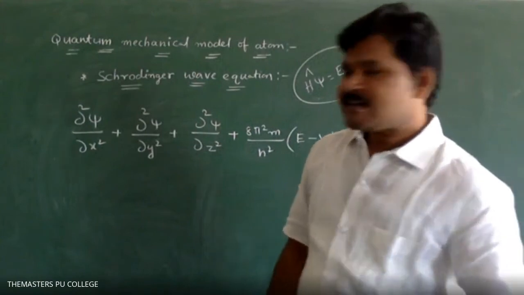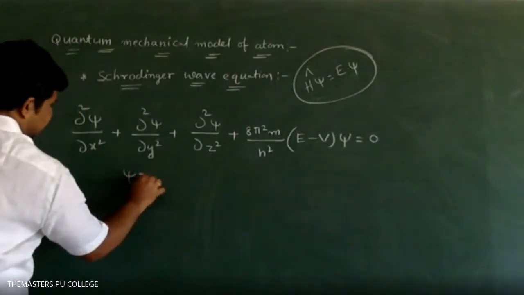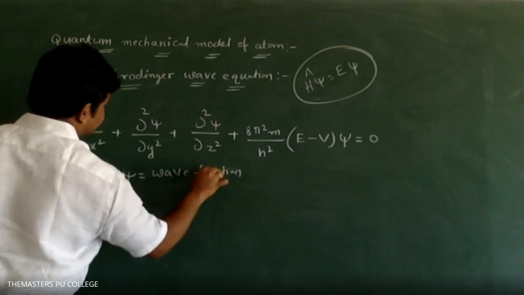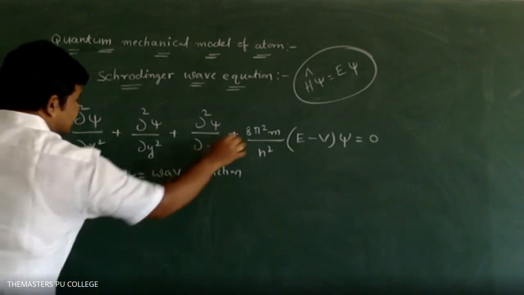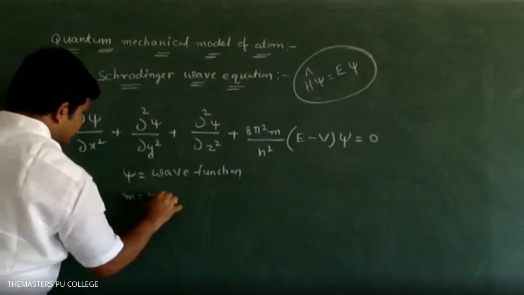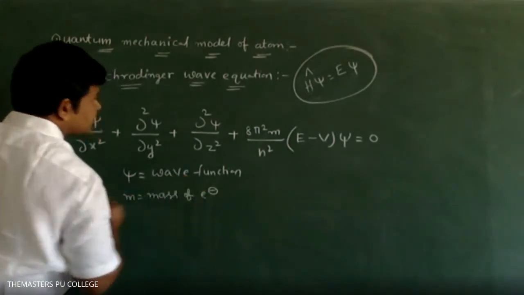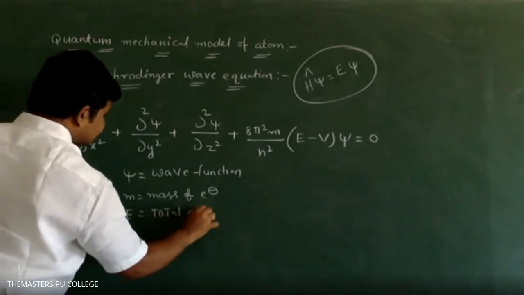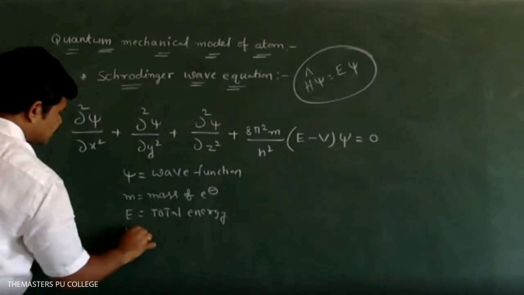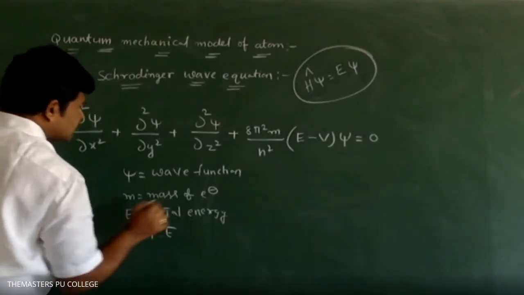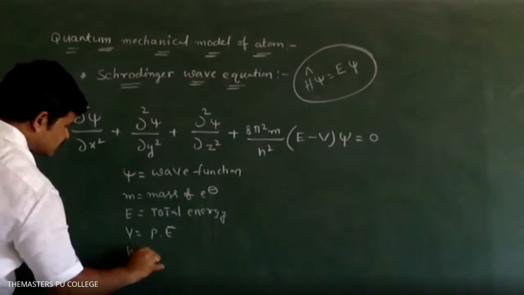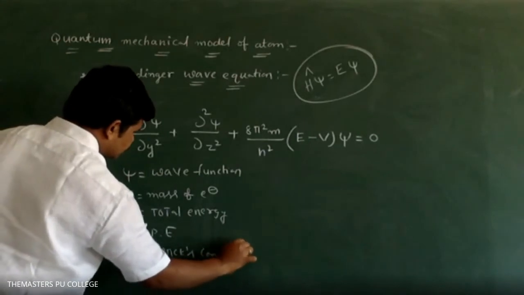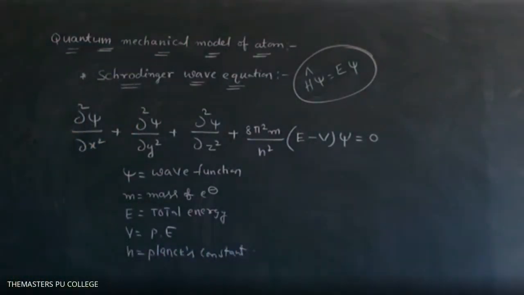Psi is called the wave function. Next, m is equal to mass of electron.